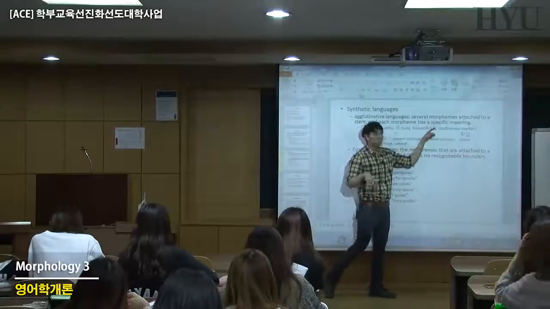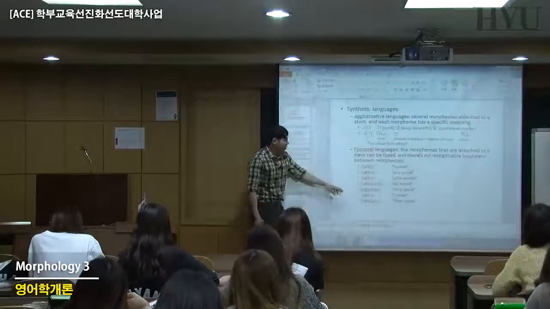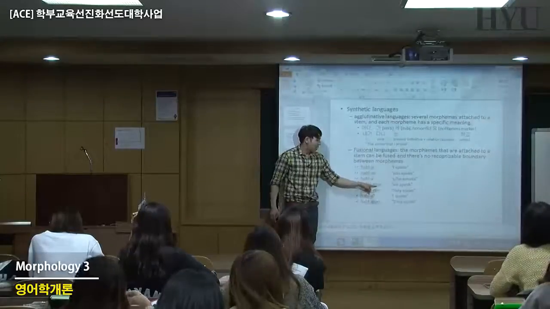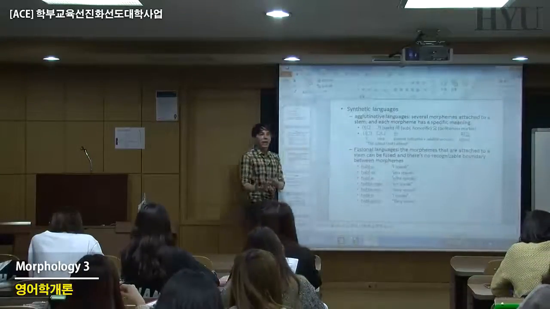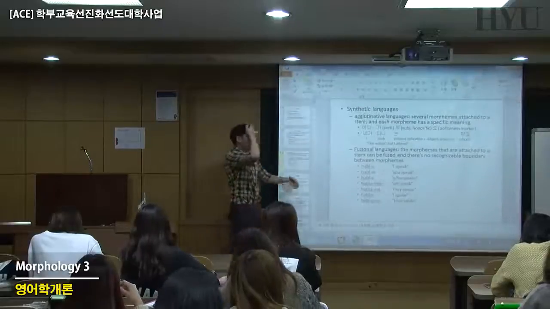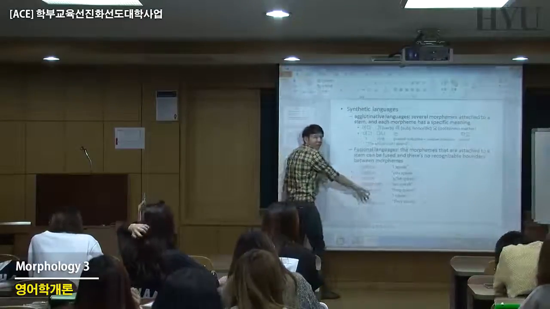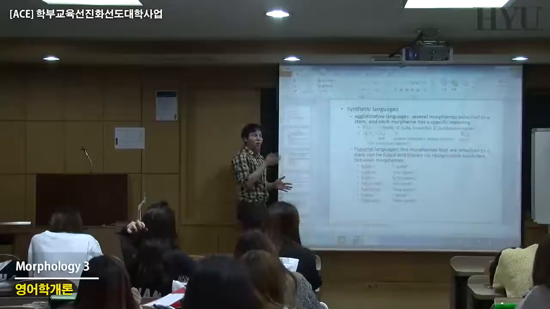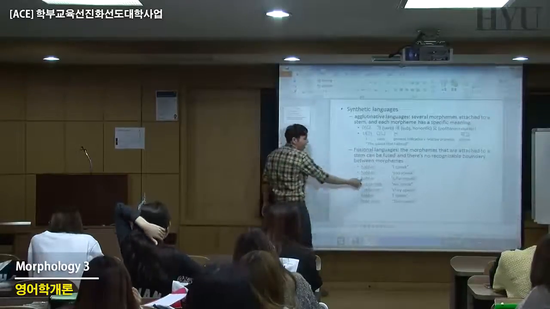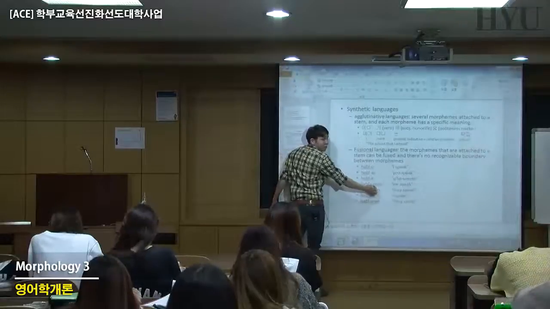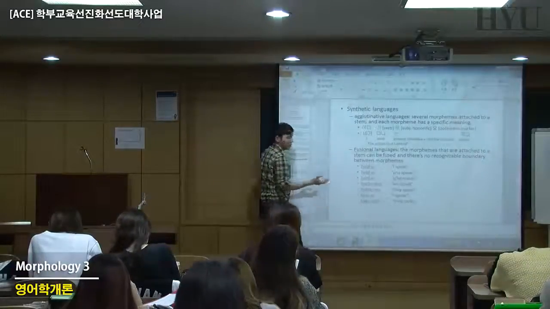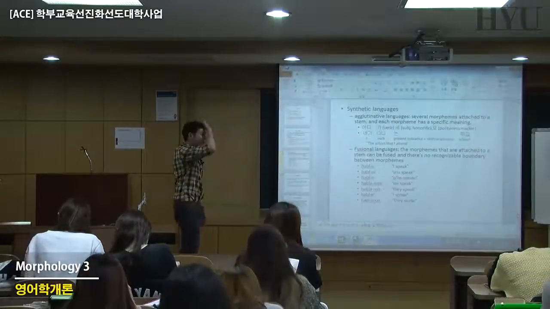Unlike here, it means politeness, like that. So we speak, like amos here, you cannot use amos to mean we, like that. So for fusional language, everything fused together and you don't see the morpheme boundary. So you cannot separate as to a and s. You cannot separate amos to am or s, like that. Okay?